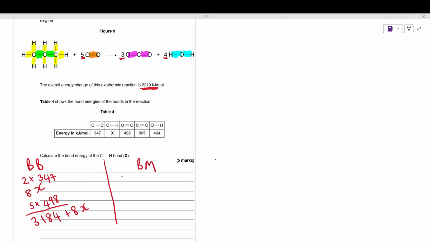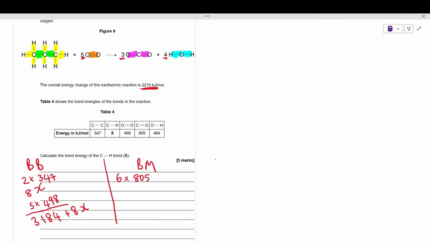So for bonds made, I have 3, not 3 actually, but 6. Common error. I was going to make that error. So I have 2 of these. So it's 2 times 3. So that's 6 times my C double bond O, which is 805.